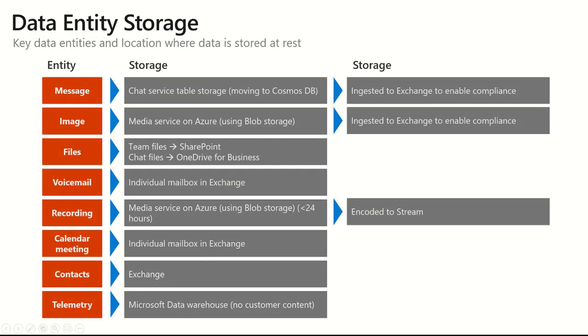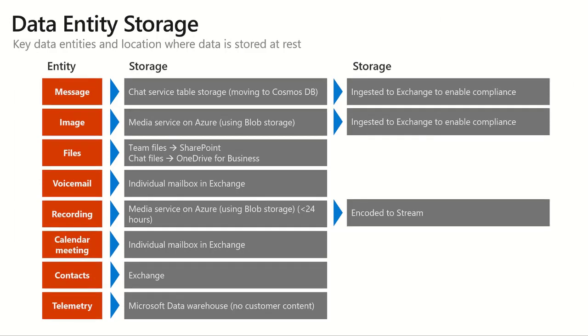So let's look at where data is stored. In general, we use the term entity to say, okay, what is the thing that is being stored and where is it? And then some of them, not all of them, have some things for compliance. So messages, as I mentioned, are stored in chat service table storage. All of that is moving over time to another service on Cosmos DB.